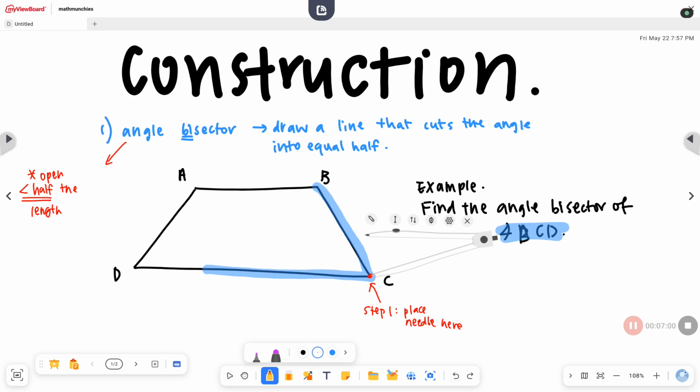Okay, let me mark again here. I'll mark here. I repeat again, for those who didn't listen just now. So this one should be here. Needle put here. Mark here. Mark here. Okay?